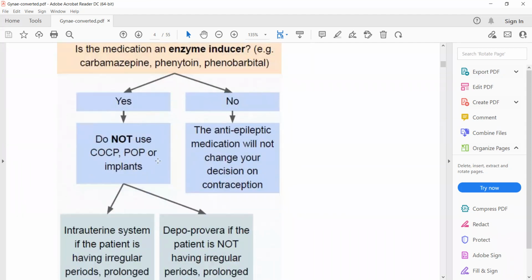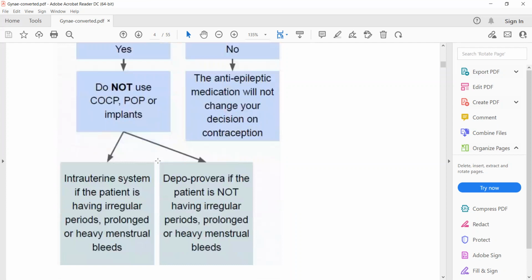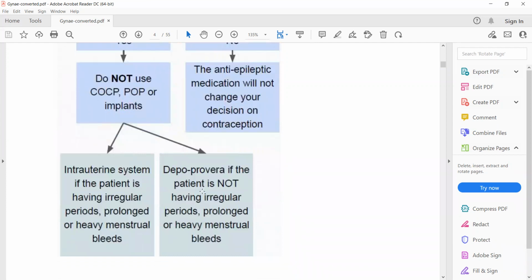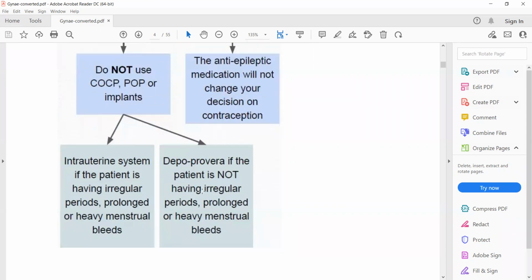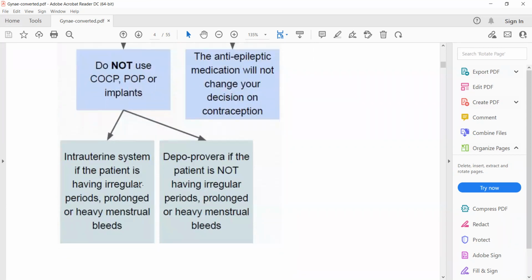So we'll go for UKMEC2 drugs, either IUS or Depo-Provera. Which one depends on the clinical scenario. If the patient is having prolonged heavy menstrual periods, then we will go for IUS. And if the patient is not having any heavy menstrual bleed, then we will go for Depo-Provera injection.